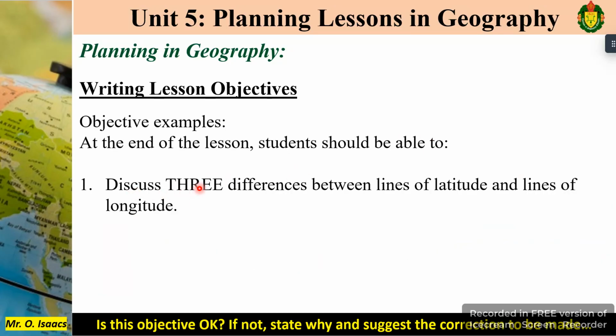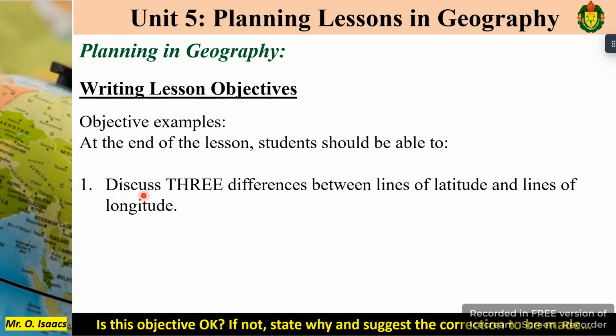It says discuss 3 differences between lines of latitude and lines of longitude. So we have the audience here, which will be our students. The behavior is discuss, but would this be an ideal verb for an objective like this?